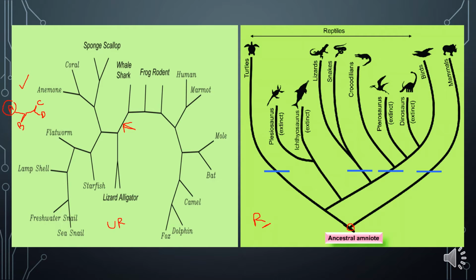Then we can have this type of radial branching, or just a Y type of branching. This type of branching can be seen in the unrooted phylogenetic tree, but in the rooted one we find this type, and this is the ancestor.